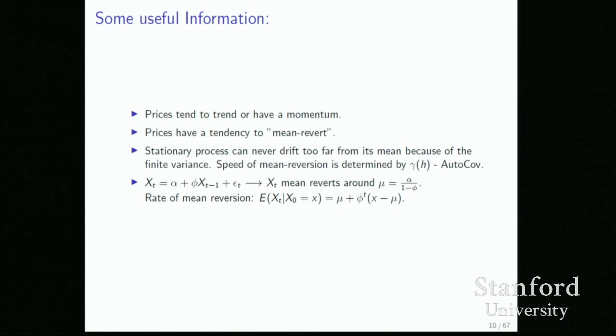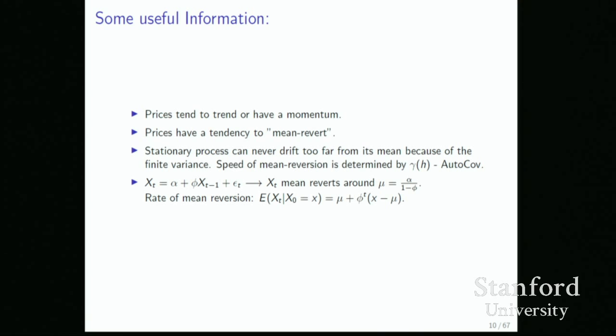Prices tend to trend or have momentum, or prices have a tendency to mean revert. So there are 2 ideas. One is that if the prices go up, generally they have a tendency to go up. That's a momentum idea. But in fact, the way financial literature deals with momentum is that it is usually taken as a group concept rather than an individual stock concept.